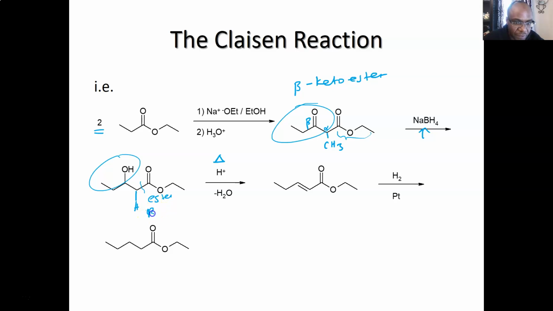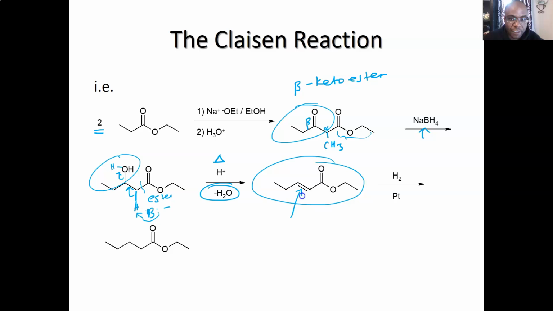Let's say you have a base like water, which will take this out, this makes a double bond. In the presence of H plus, this will be protonated, which will fall off as water, similar to what we did with aldol condensation. So you lose water, OH falls off as water as you make your double bond, so you can get your unsaturated ester.